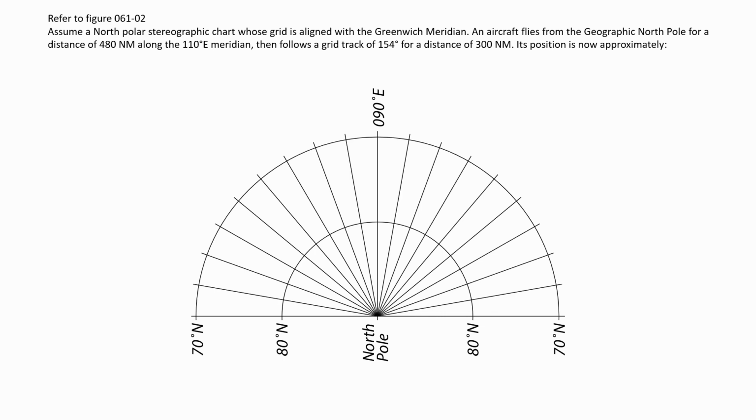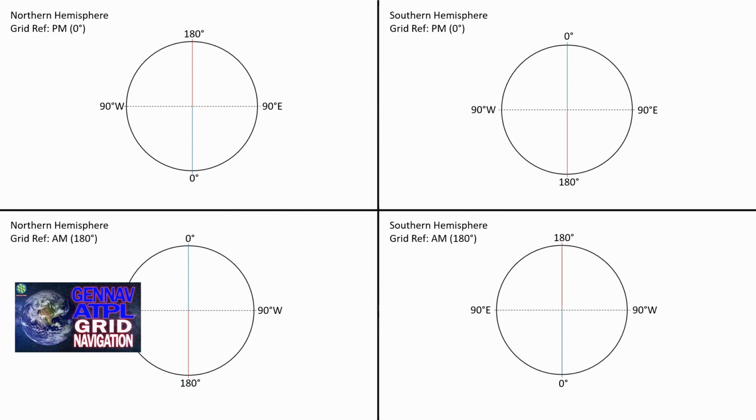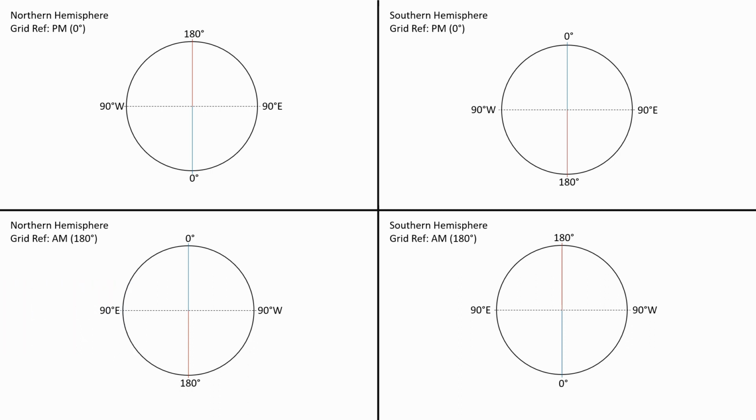This is figure 061-02. This figure represents North Polar Stereographic Chart. In my previous video titled Grid Navigation, I explained the convention of drawing polar stereographic chart to be used with grid navigation question. Link to the video is available in the description.